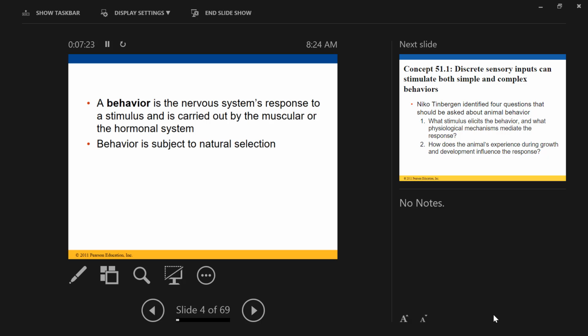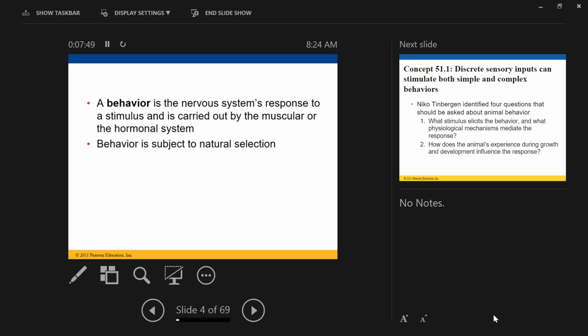So behavior in science has a specific meaning. And what it means is an organism's response to some stimulus. Right? Male fiddler crab shows up, other male starts waving his claw. Right? It's the body's, or the nervous system's, response to a particular stimulus.